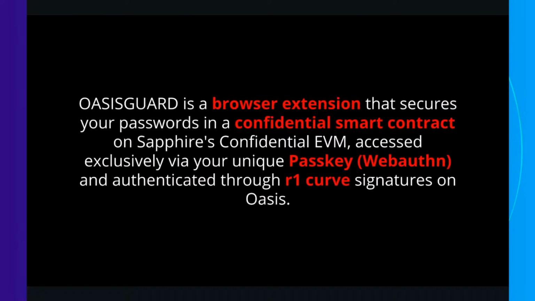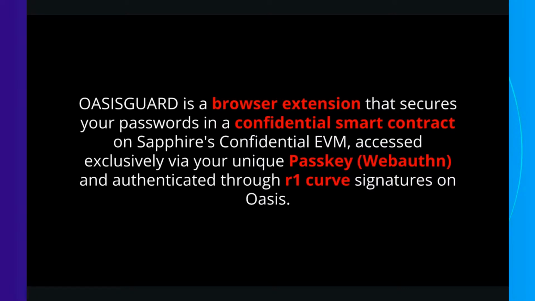The definition of Oasis Guard is a browser extension, with which you can easily reach your passwords, seed phrases, whatever, and it secures your passwords in a confidential smart contract. That was the idea that came to our minds: because we have confidential stuff, we can store it all in it.